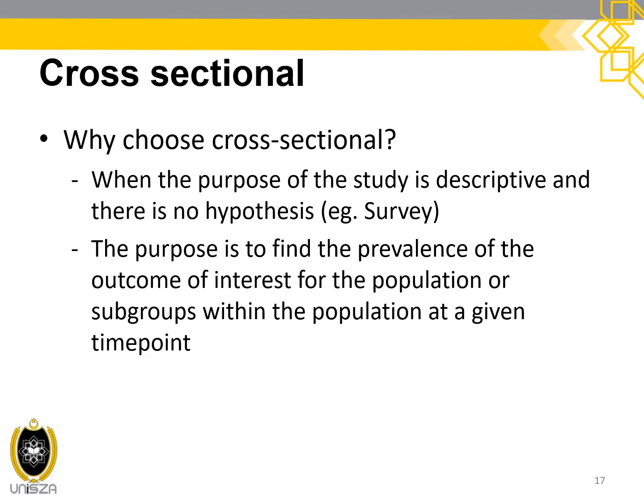So why do we choose cross-sectional study design? When the purpose of the study is descriptive and there is no hypothesis. Example, when you are interested to do a survey, and the purpose is to find the prevalence of the outcome of interest for the population or subgroups within the population at a given time point.